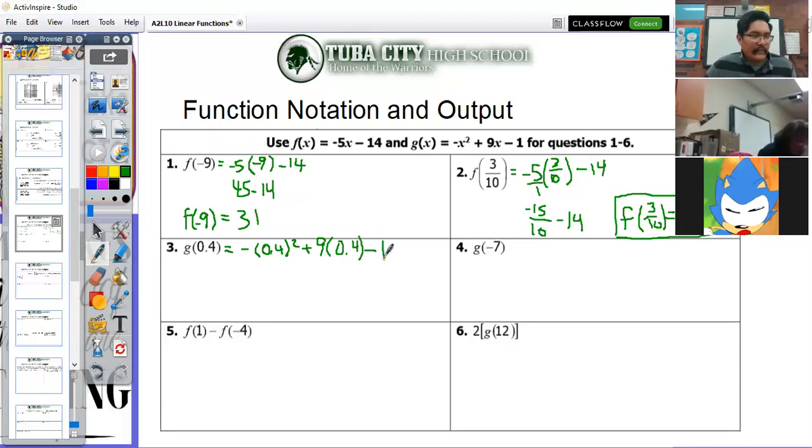And then from here, we're going to have to evaluate it at 0.4. So if I were to multiply 0.4 times 0.4, I would get 0.16 times, and then 9 times 0.4 would be 3.6 minus 1.